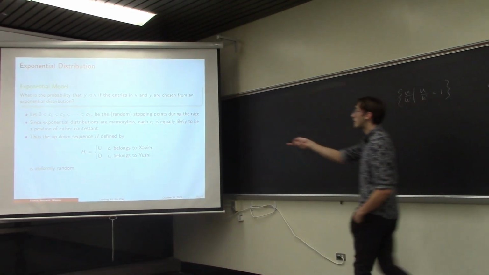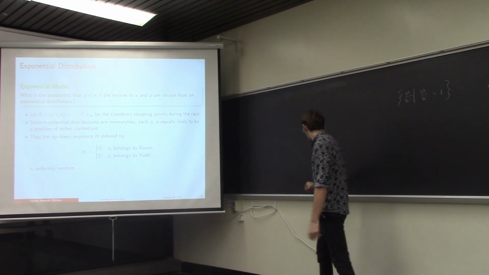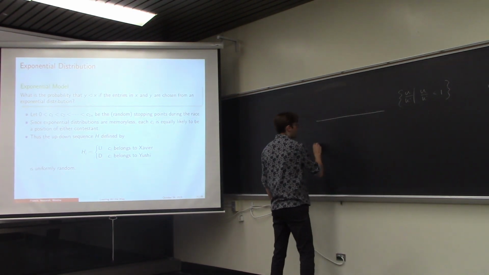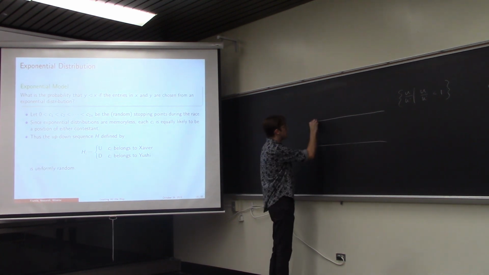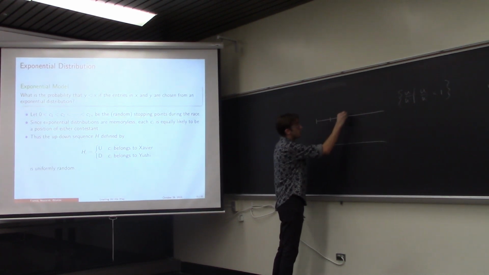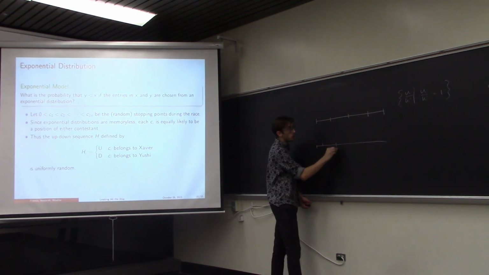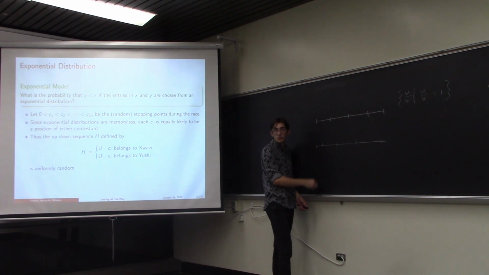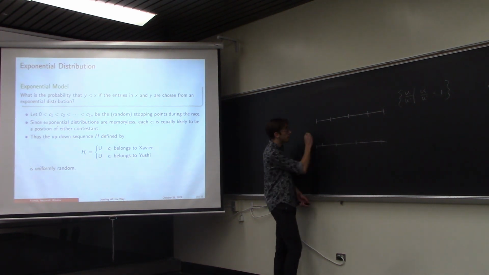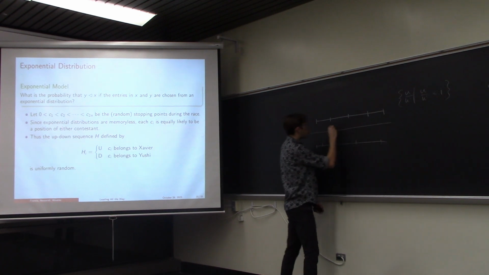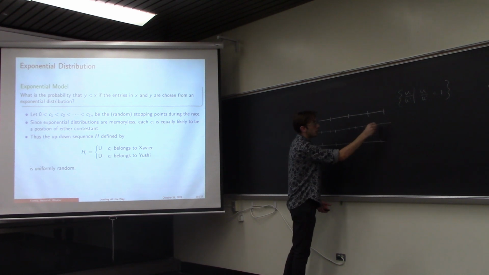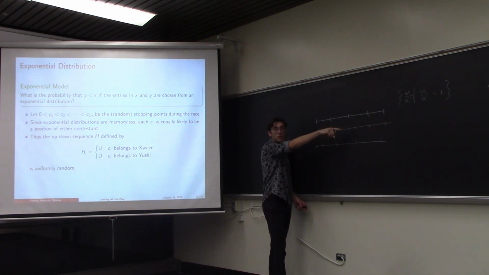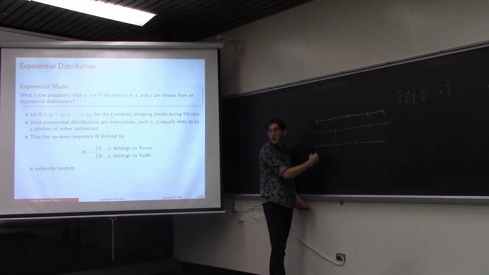So when we're picking these stopping times, just believe me that with exponential distributions, if you have picked the times for x and you also picked the times for y from the same distribution, and that distribution happens to be memoryless or exponential, then that's equivalent to just picking the stopping points in total, and then going through and picking, does this belong to x or does this belong to y?